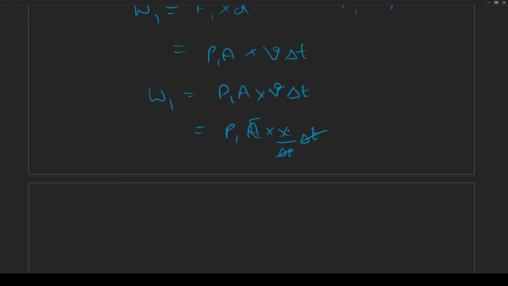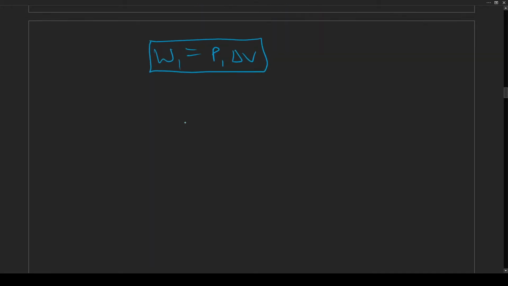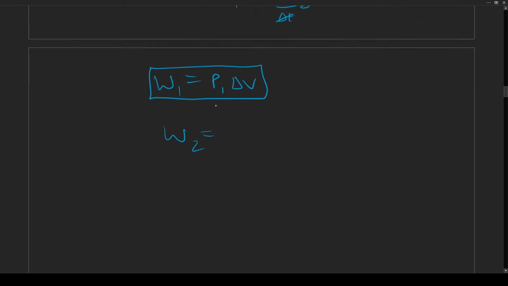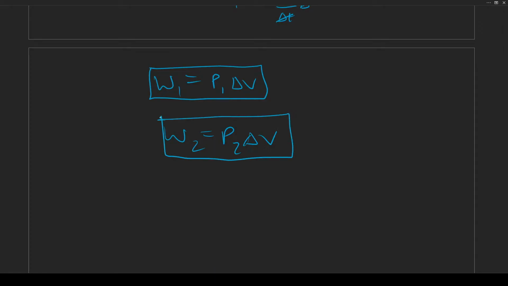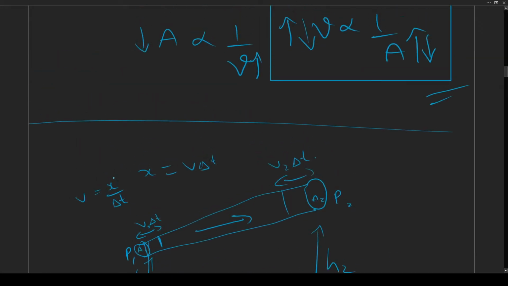Delta t cancels, and area into distance is equal to volume, so work done 1 is equal to P1 delta V. Work done 2, similarly at the second surface, is equal to P2 delta V. Now total work done, which is W1 minus W2, is equal to P1 minus P2 times delta V. This is the work done.